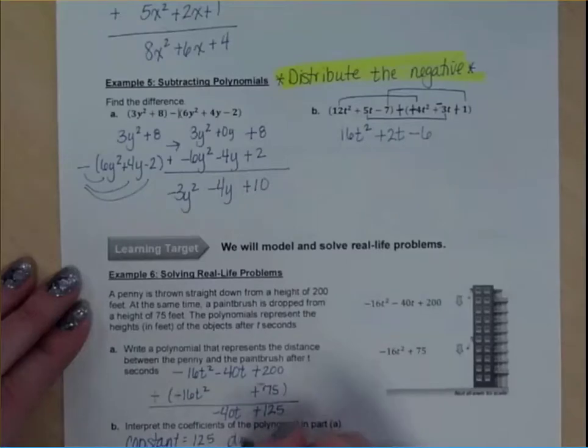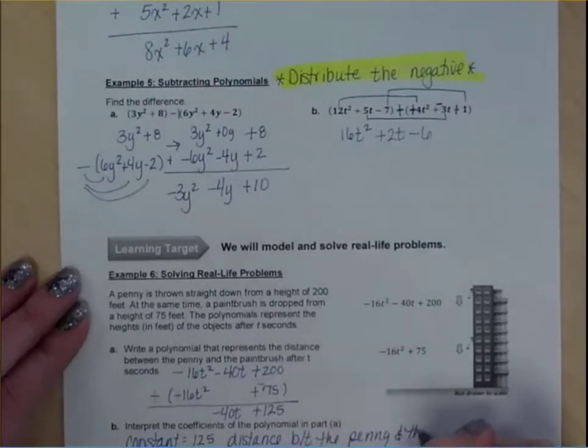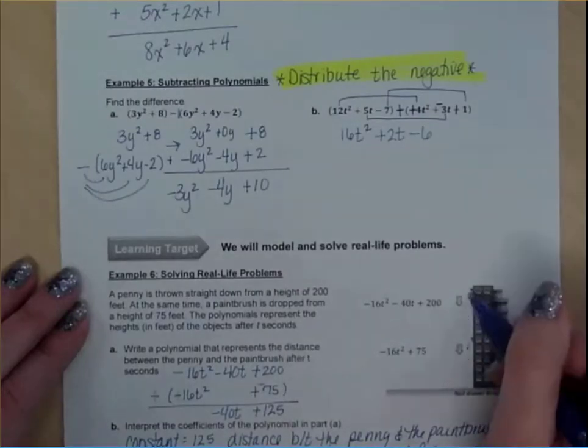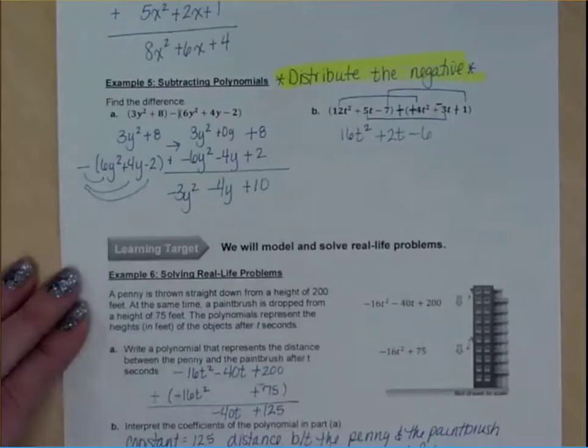This represents the distance between the penny and the paintbrush when both objects begin to fall. So the distance between here is 125 feet.